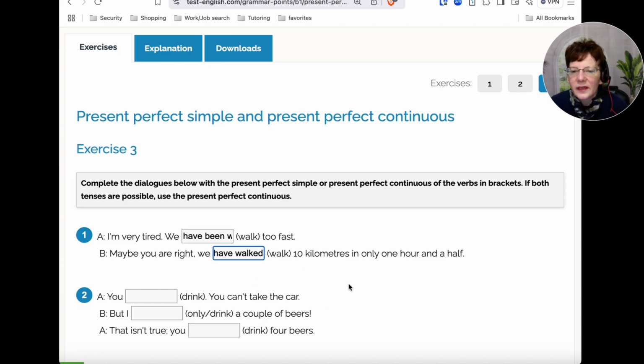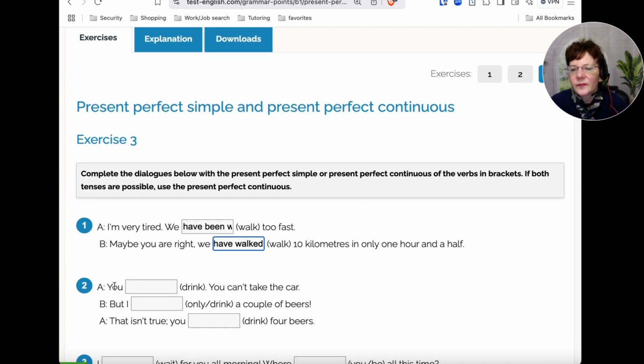All right, we'll just do this one. You drink. You can't take the car. But I only drink a couple of beers. It sounds like a fight. So it sounds like it started and is continuing, so have been drinking.